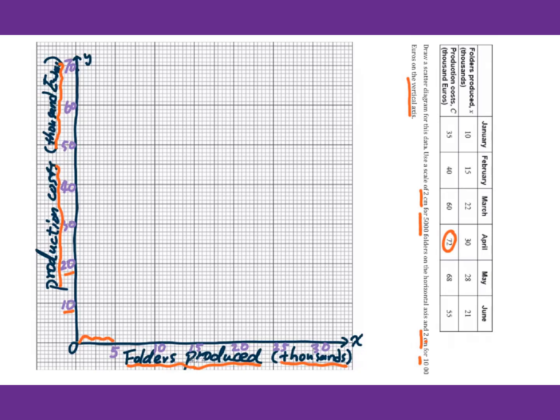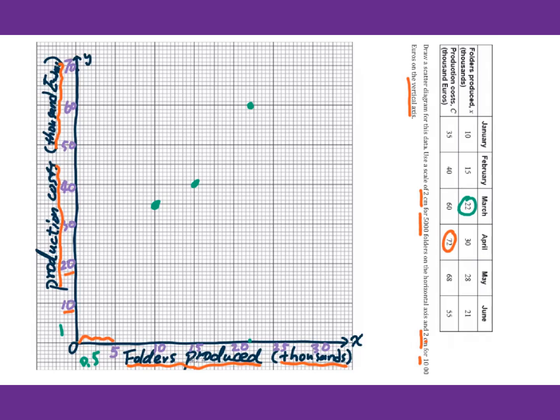Let's plot the points. When you plot this 22, be careful. Each one that's 0.5. So we have 22 will be here. For this x-axis, that's 0.5 for each. This is 1 for each for the y-axis.